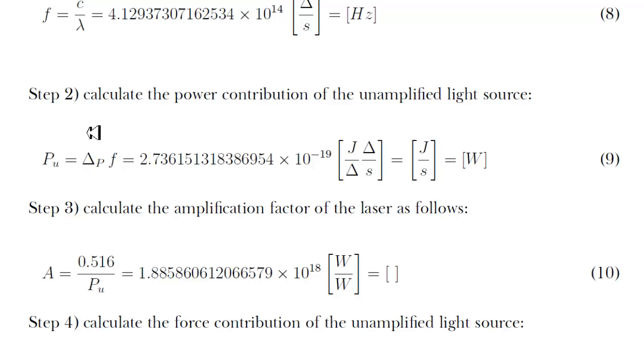Okay, so the cycle of power has units joule per cycle, frequency has units cycle per second, and so we end up with the units of joule per second, or the watt.